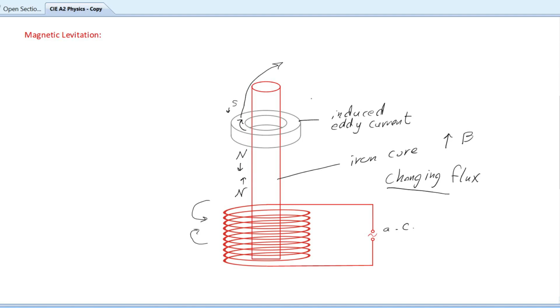If the mass of the ring, however, is too heavy, then the ring will just float at this distance above the coil. So this is called levitation. If you increase the frequency of the AC, you will increase the rate of change of flux linkage.